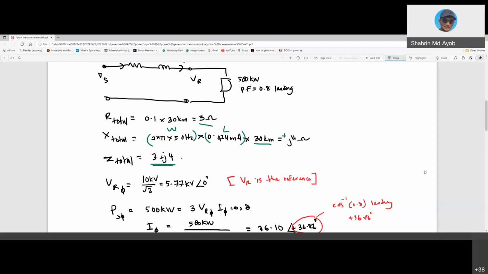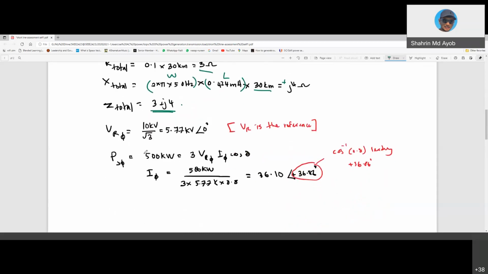Next is the conversion of the line voltage into the phase voltage, which is 10 kilovolt over square root 3, giving you 5.77 kilovolt. The angle is not given. Please note that for this transmission line topic, the VR phase will always be used as the reference.